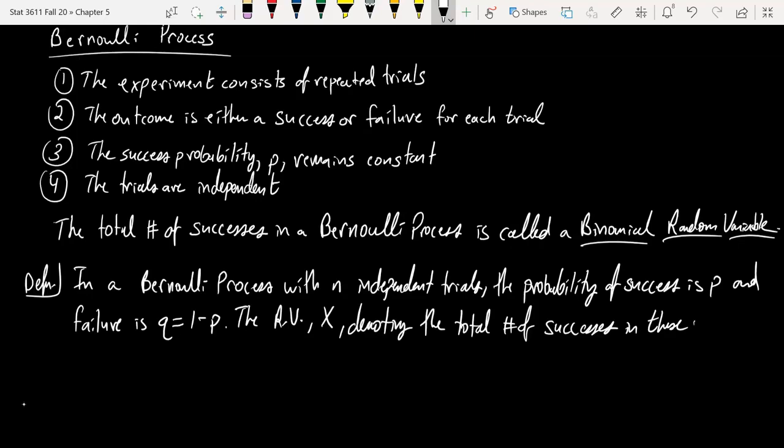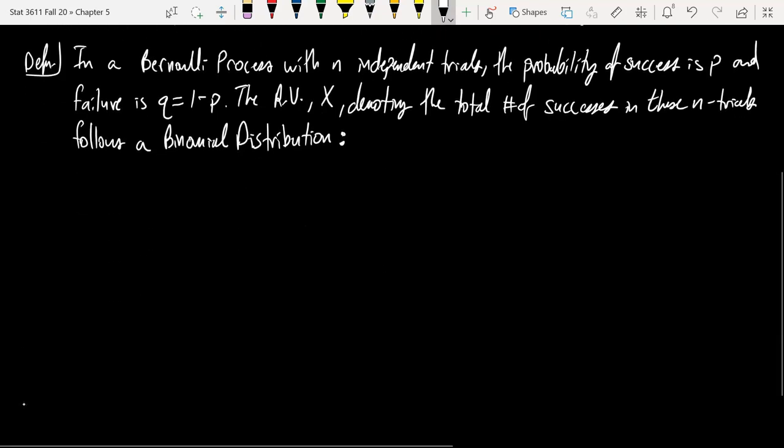And for the binomial distribution, the probability that X takes on a value little x is a function of a few things.